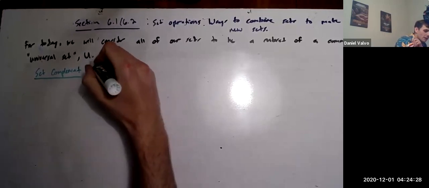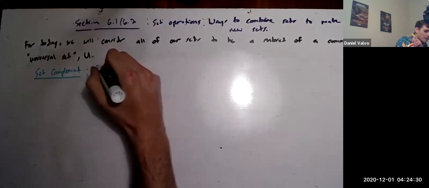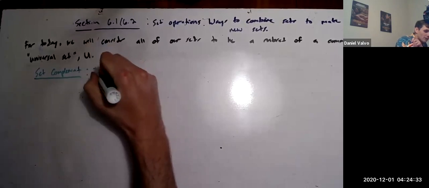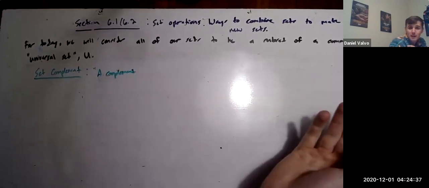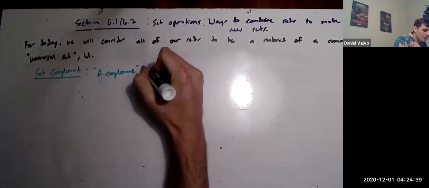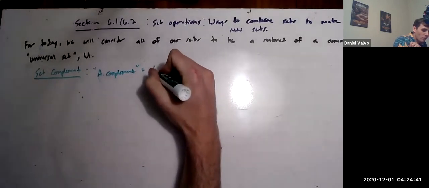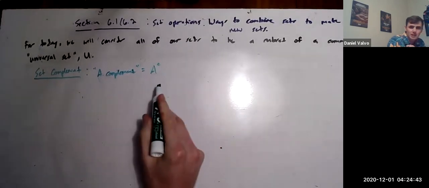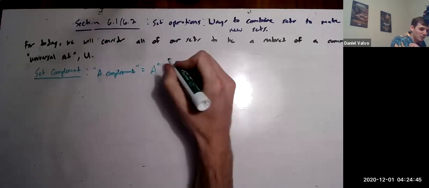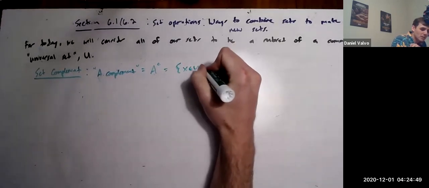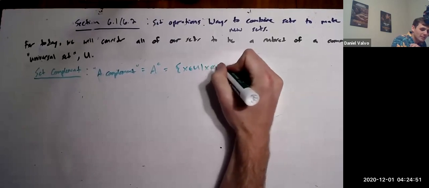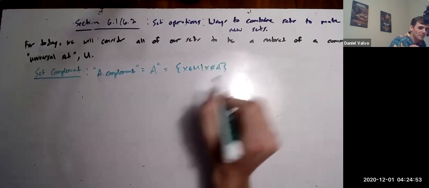And so the set complement, which we would write as, we say A complement, nice and simple, or complement of A, for example. We write it like this, A with a tiny little c up here. This means to take all x in U such that x is not in A.